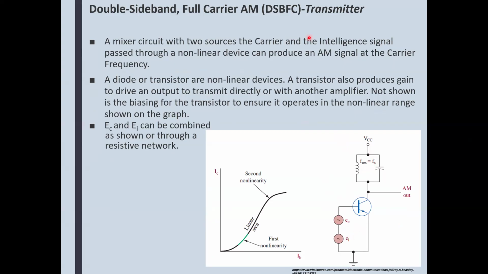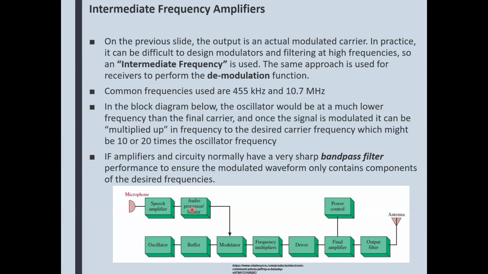I'll have to repeat it for a third time. Those tank circuits can be tuned to 10 or 20 times the oscillator frequency and still get the harmonics, pick them up, and make use of those harmonics.